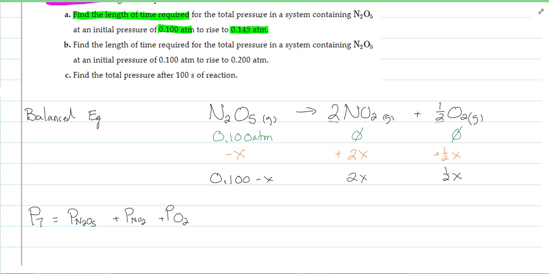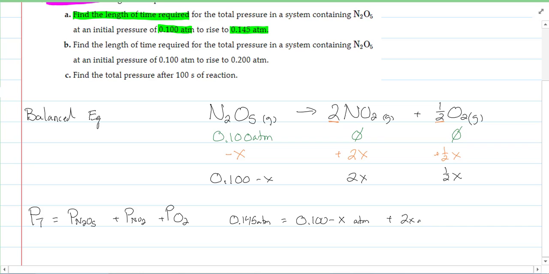So I have the pressure total, 0.145 atmospheres, equals 0.100 minus x atmospheres plus 2x atmospheres plus 1/2 x atmospheres.